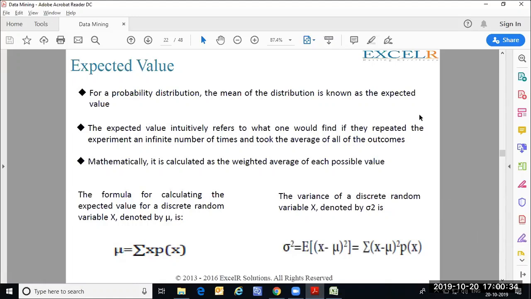Pay attention here, friends. Next, we're going to discuss the expected value. And why do we need to expect a value even before it occurs? To be prepared with the required resources, right?